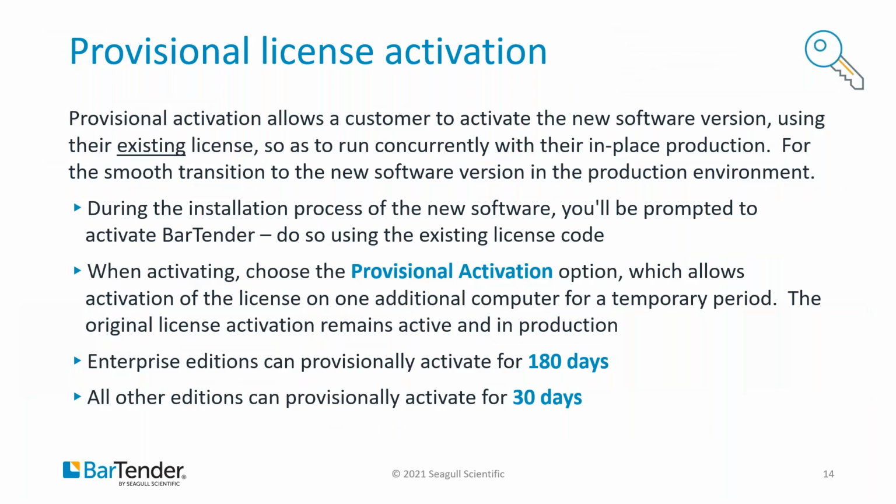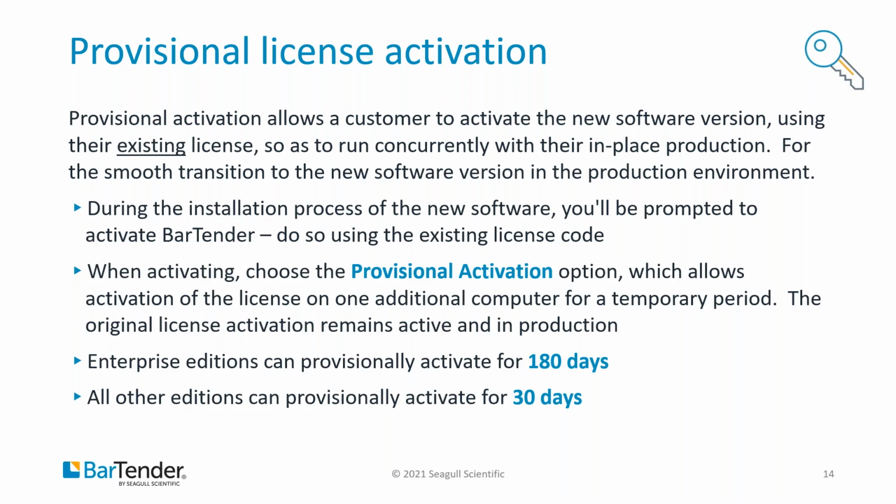Now, we spoke about provisional license activation a bit earlier. Provisional licensing is allowing a customer to activate a new software version using their existing license so as to run concurrently with their in-place production.